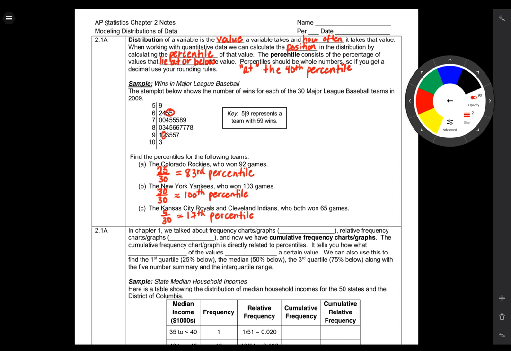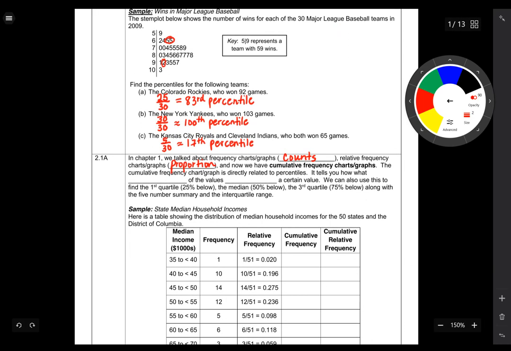In Chapter 1, we talked about frequency charts and graphs that used counts, relative frequency charts and graphs that used proportions or percents, and now in Chapter 2, we have cumulative frequency charts and graphs. The cumulative frequency chart and graph is directly related to percentiles.